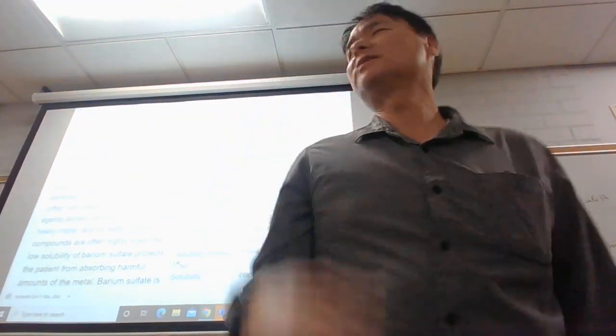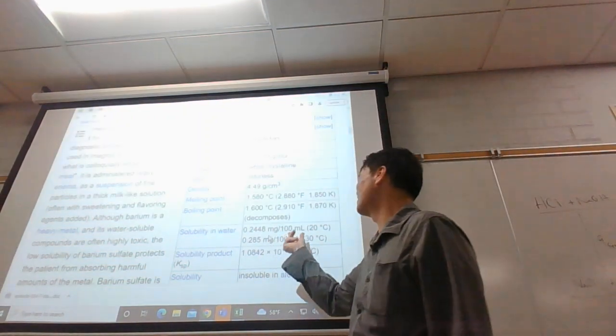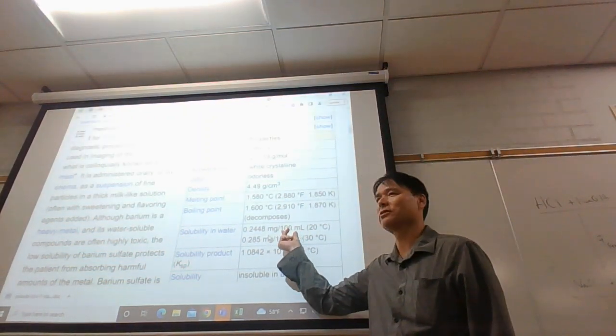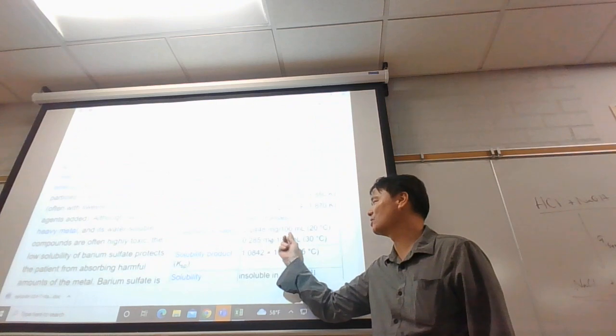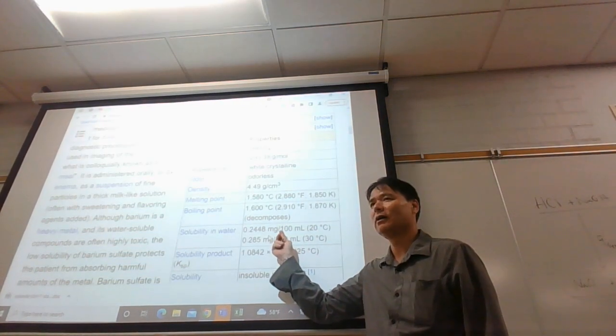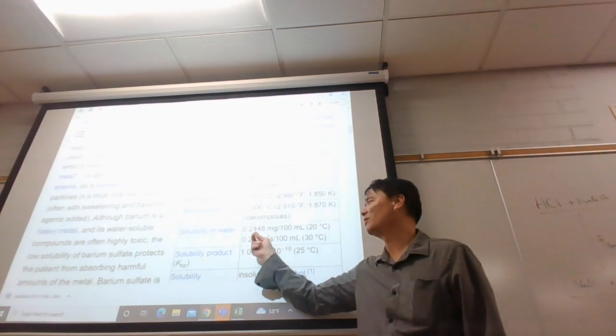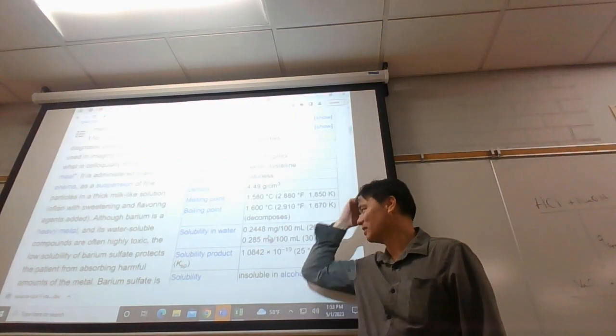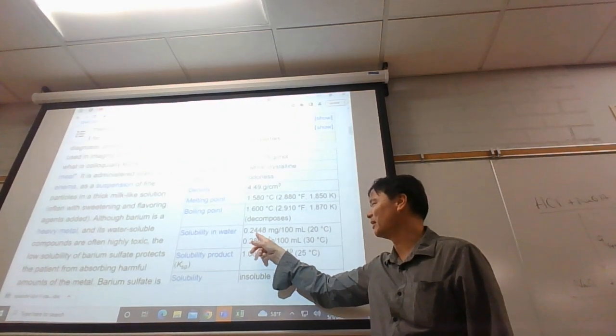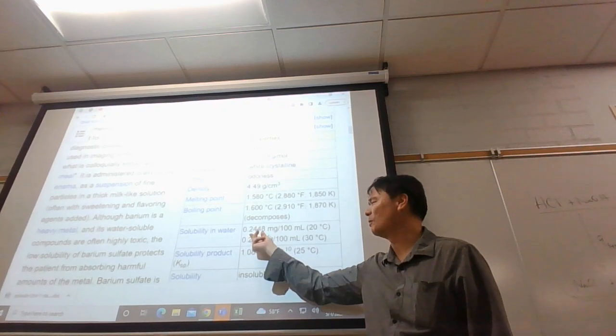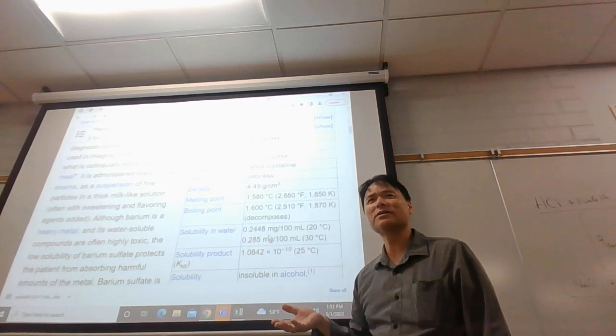If I use 400 milliliters of wash, then I could potentially lose, not 1 milligram. Actually, this is only a quarter milligram, sorry. Is that all that much?